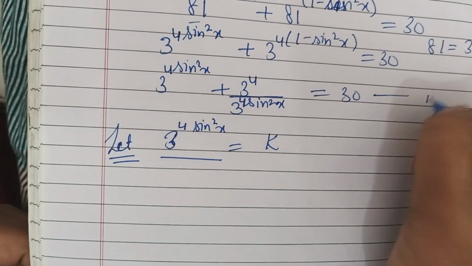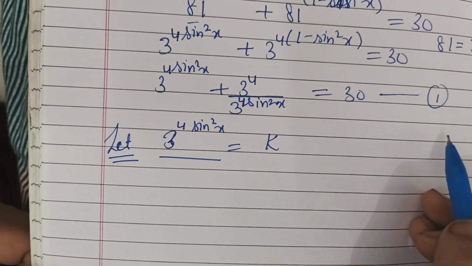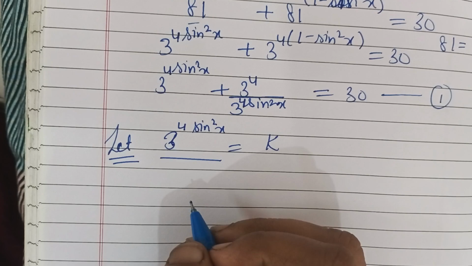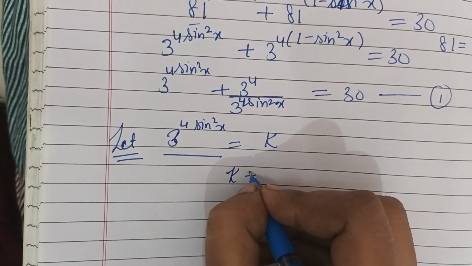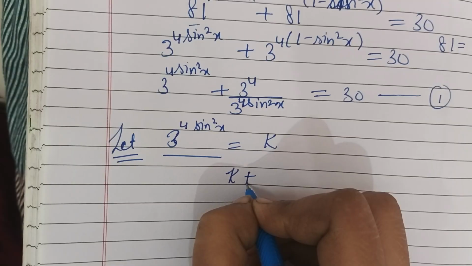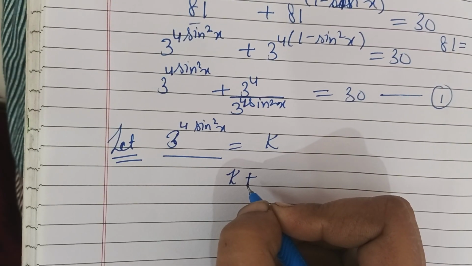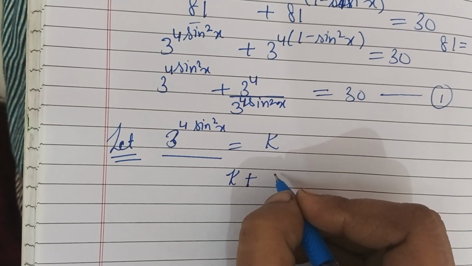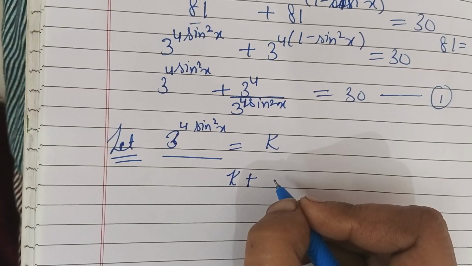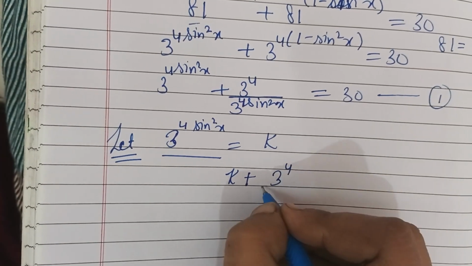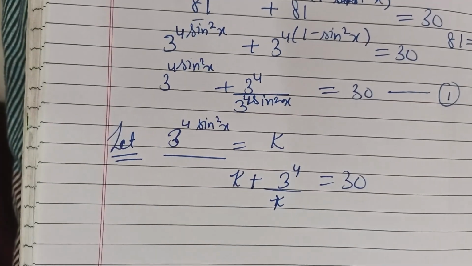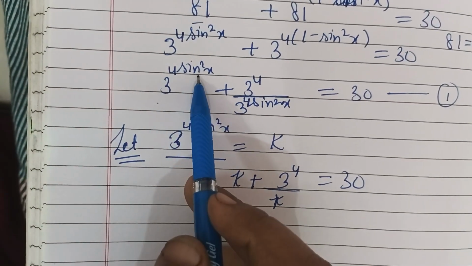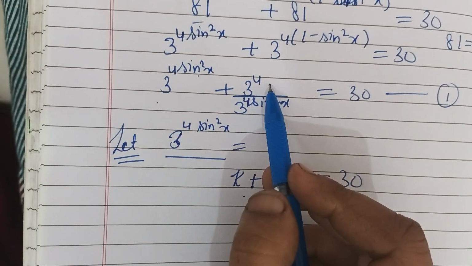So our first equation will become k plus 3 raised to power 4 upon k equals 30. You got it? Here 3 raised to power 4 sin square x is k, and 3 raised to power 4 stays as it is.